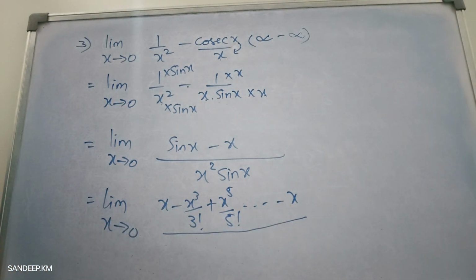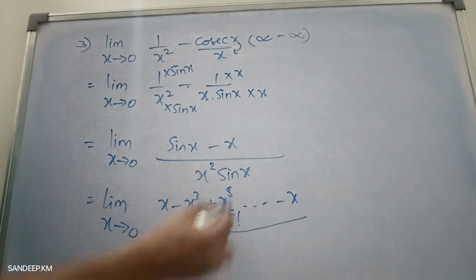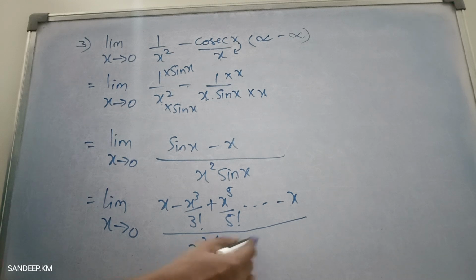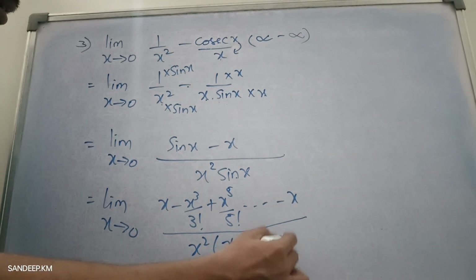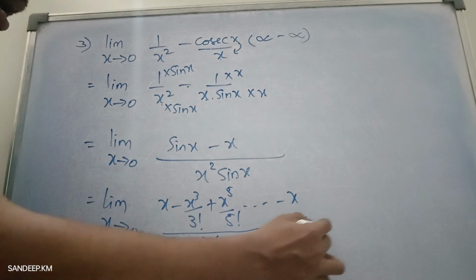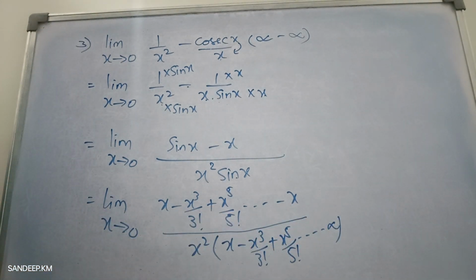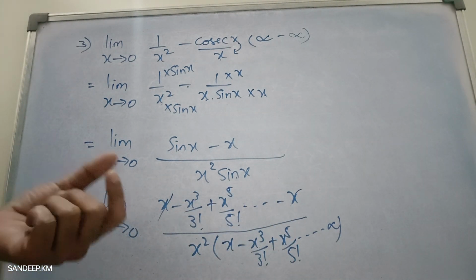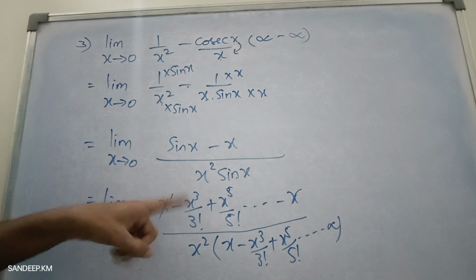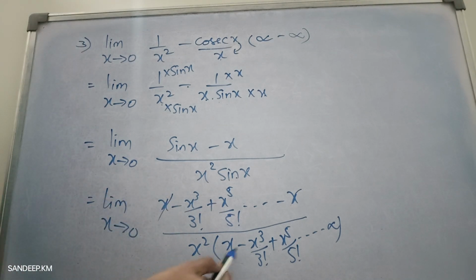Whole divided by x square into the sin x expansion, x minus x cube by 3 factorial plus x power 5 by 5 factorial and so on, infinite number of terms. Dear students, in the numerator, plus x and minus x get cancelled, and after cancellation, what is the least power of x in the numerator? X cube.